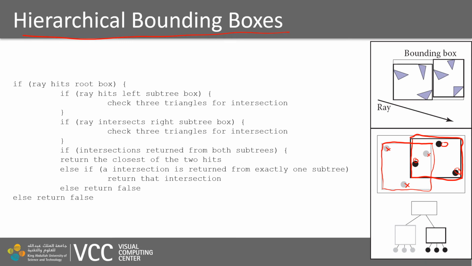Let's have a look at this particular case where we have just a two-level hierarchy. So we would have this thin line as one bounding box, and then this bounding box will have two children with thicker lines, which is this one and this one.